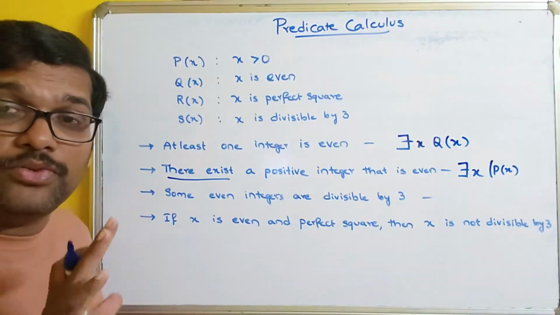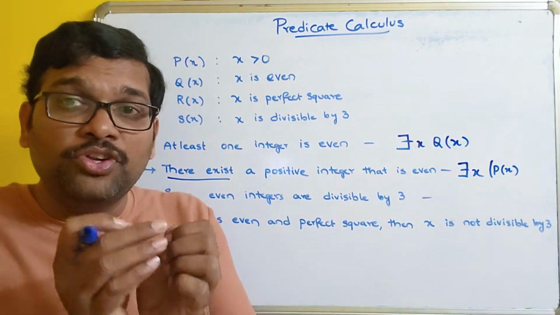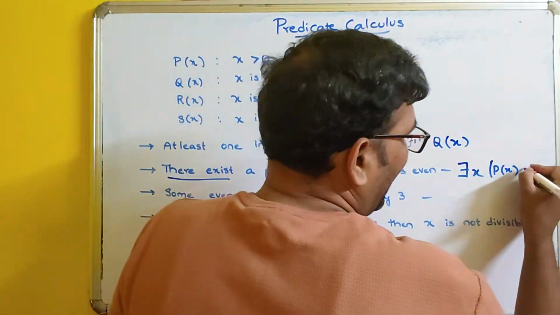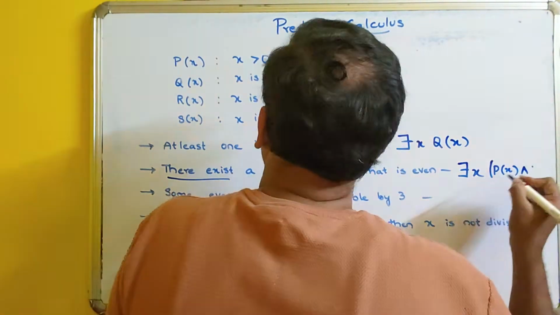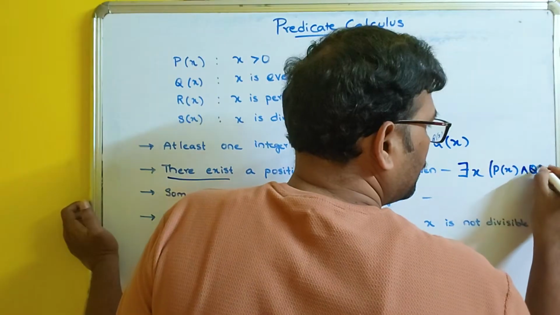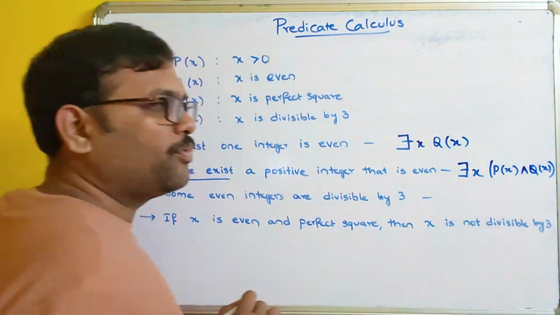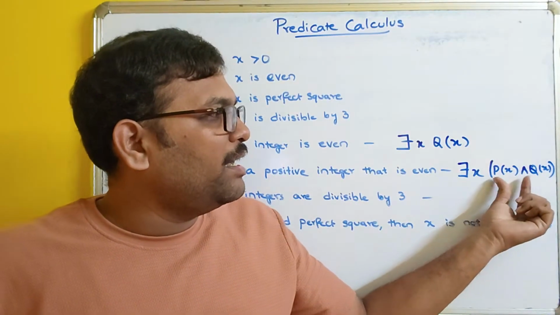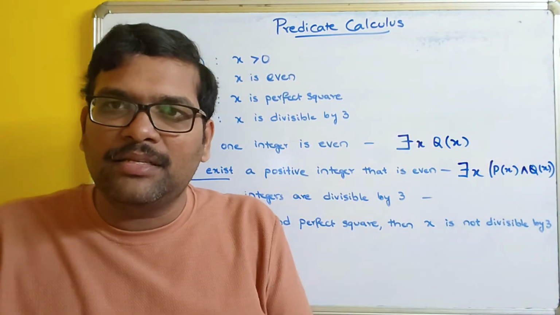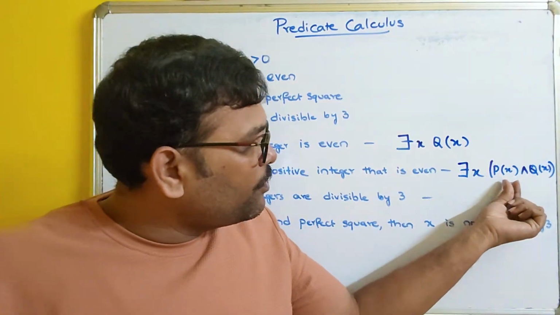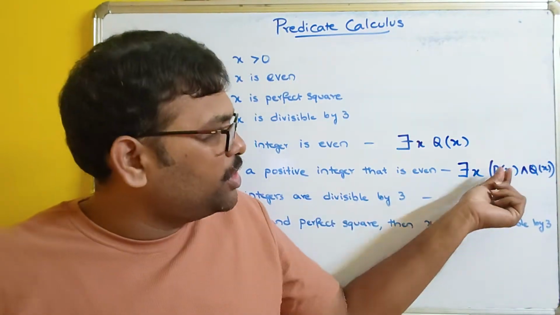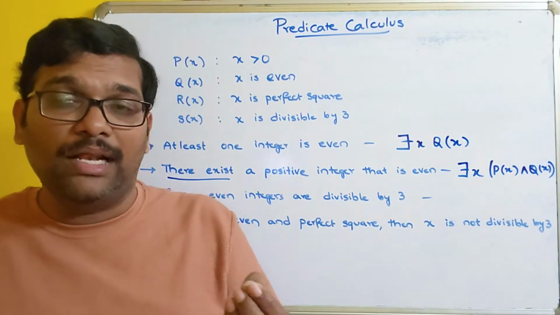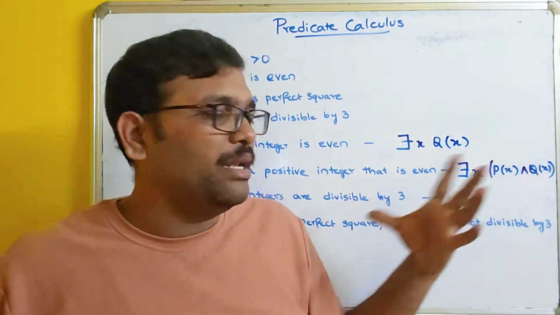Not all the positive integers will be even, right? Some positive integers will be even. So that will become the AND operator. AND even means Q of x. So for some values of x, and here AND means nothing but, see, only a few values of positive integers will be the even numbers.